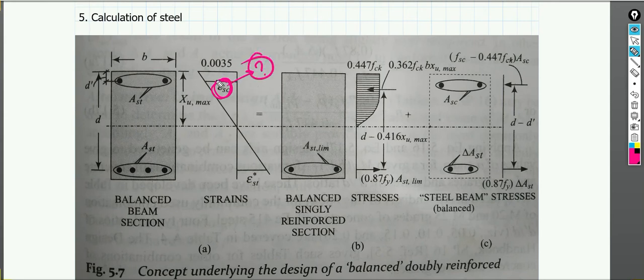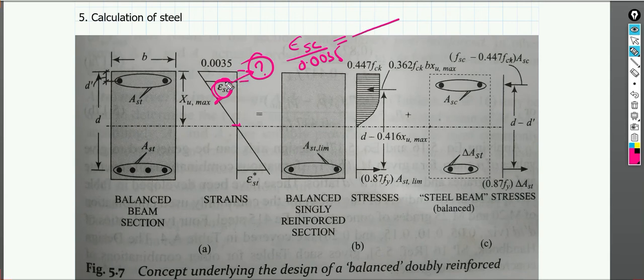How to find it out? If you take the similar triangle concept, you can find out epsilon SC. Epsilon SC by 0.0035, that is the strain, is equal to XU max minus D dash, divided by XU max. From here to here it is XU max, and here to here it is D dash, right?